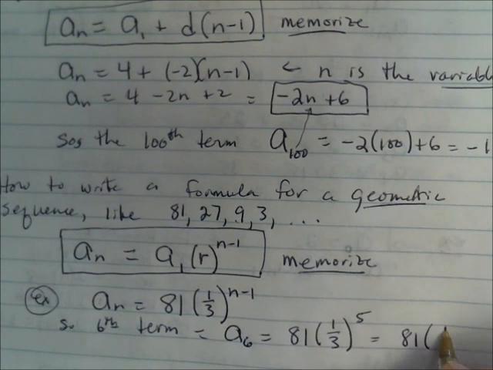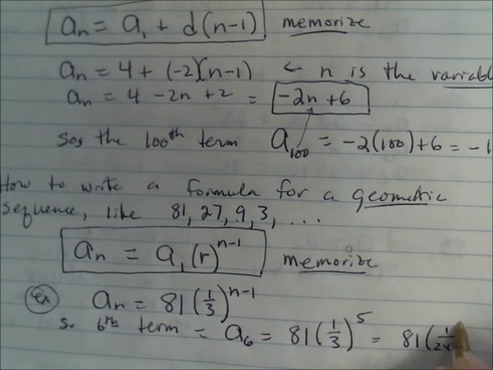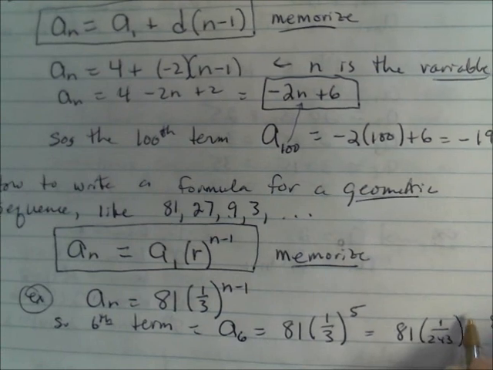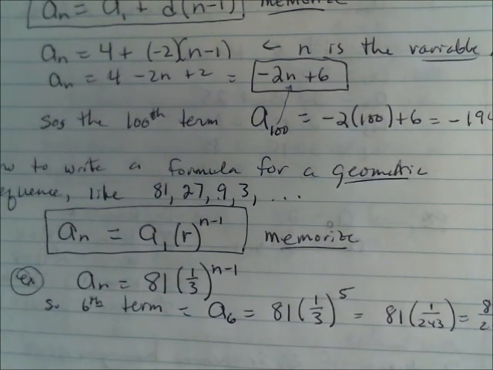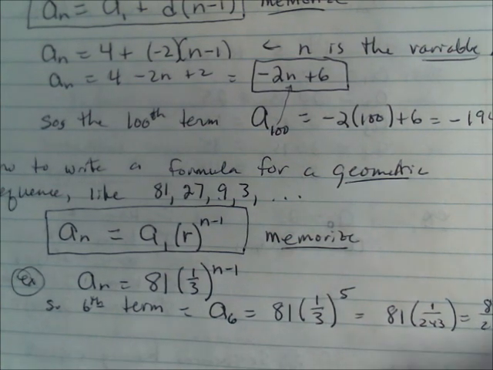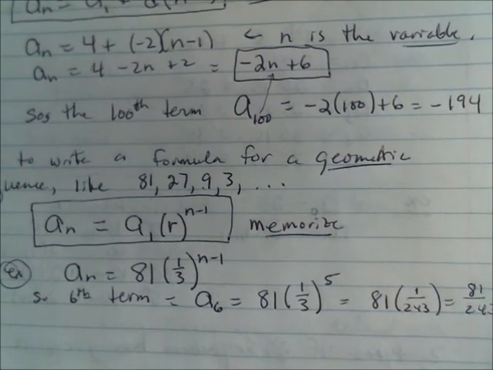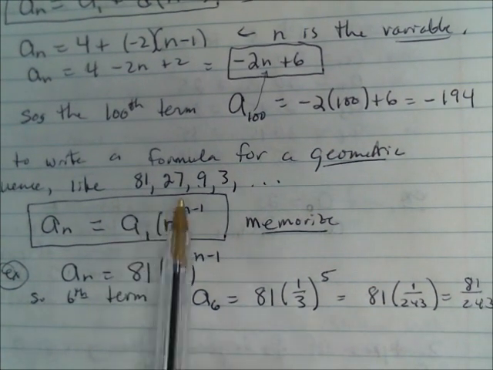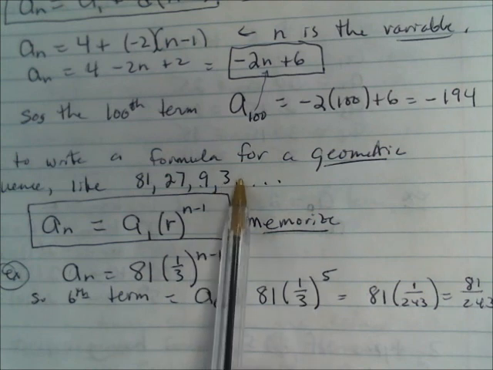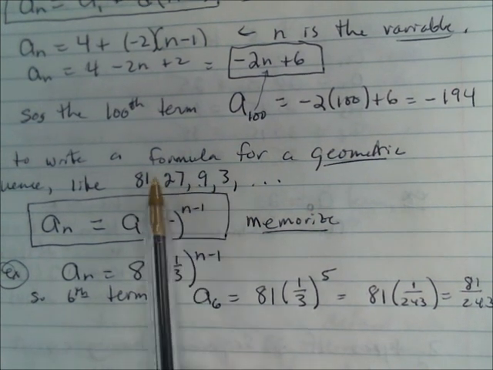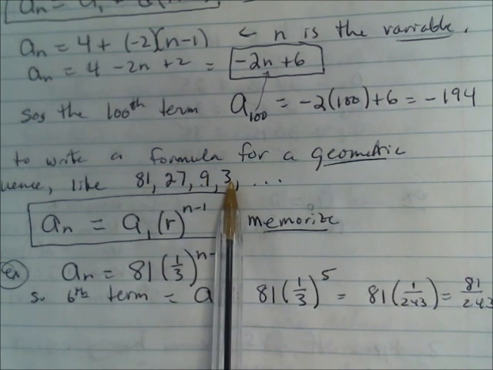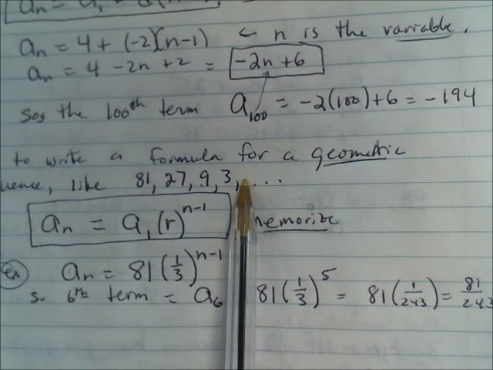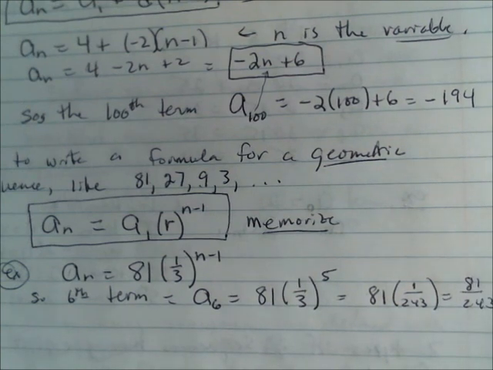So 81 times 1 over 243, which is 81 over 243, and I think that can probably be reduced to 1/3. So that makes sense because the next term here would be a 1 if you keep dividing by 3. So 81 divided by 3 is 27, divided by 3 is 9, divided by 3 is 3, divided by 3 is 1, and then that 6th term would be 1 divided by 3.